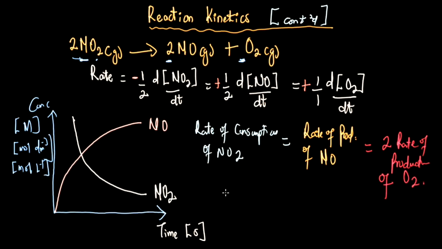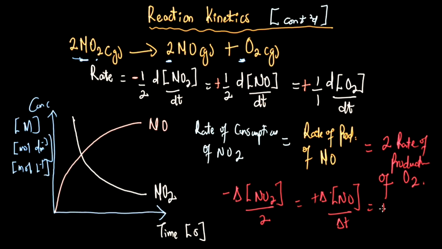So we can say that the change in concentration of nitrogen dioxide is equal to twice the change in concentration of oxygen over time.